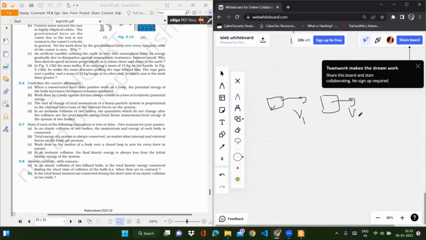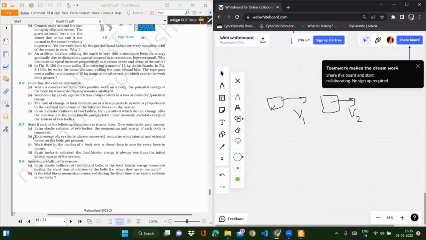There will definitely be a change in these velocities when the collision occurs, even though the system's total momentum is conserved, and for elastic collisions the total energy is also conserved, but these velocities will not be the same. So the energy and momentum for each body, meaning for these bodies separately, will not be conserved.